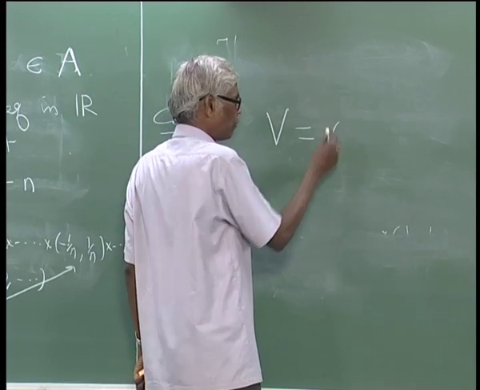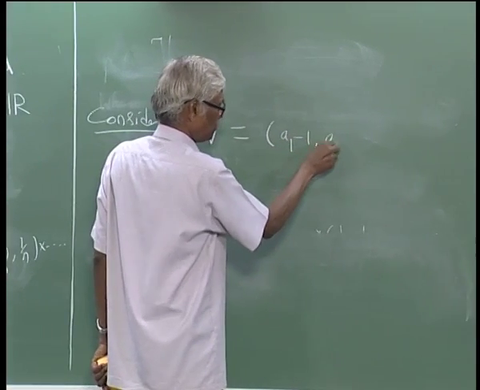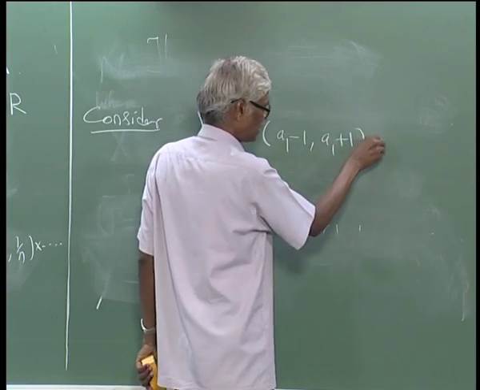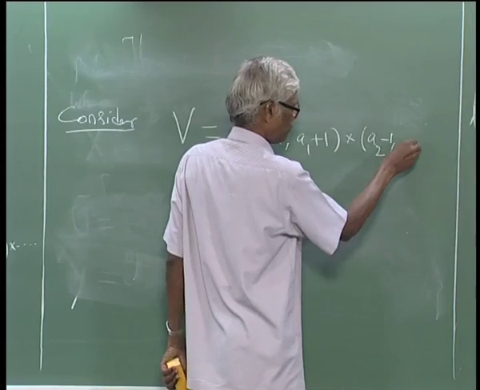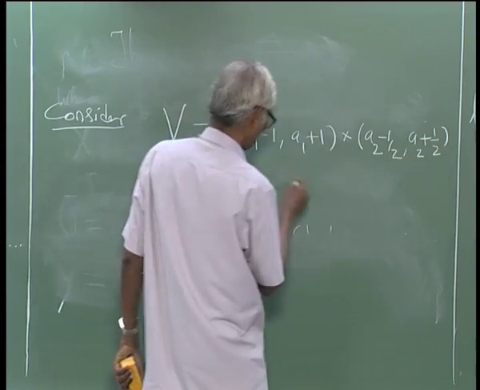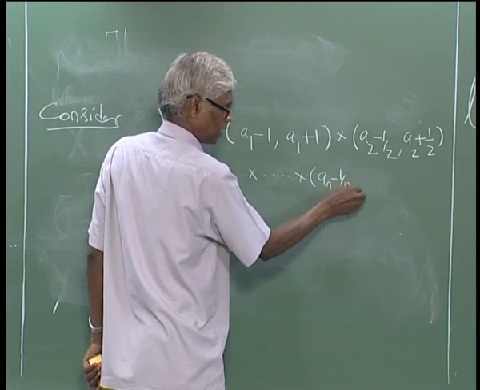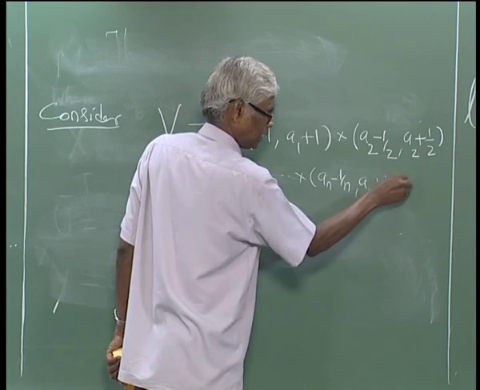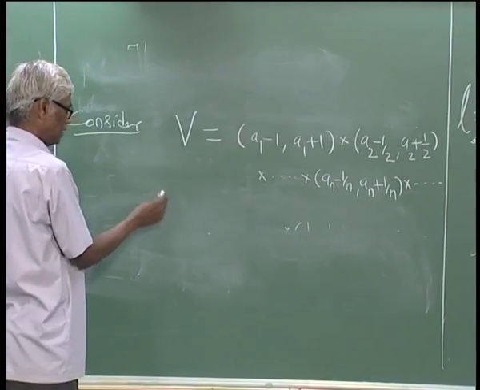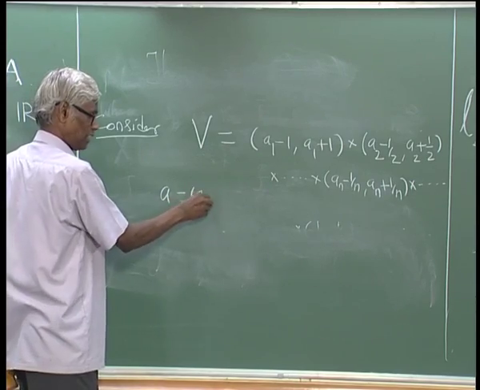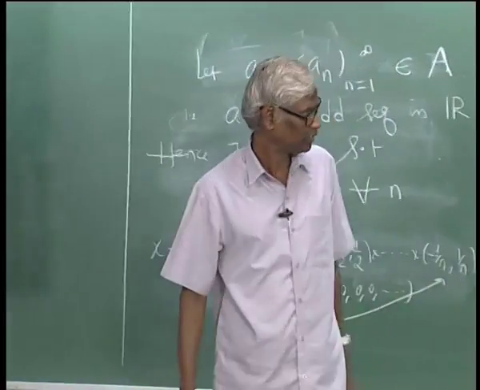Now, open interval say a1 minus 1 to a1 plus 1, cross a2 minus half comma a2 plus 1 by 2, cross, in the nth place, a_n minus 1 by n comma a_n plus 1 by n, cross etc. So, this is our open set containing A. The nth interval is an open interval centered at a_n.